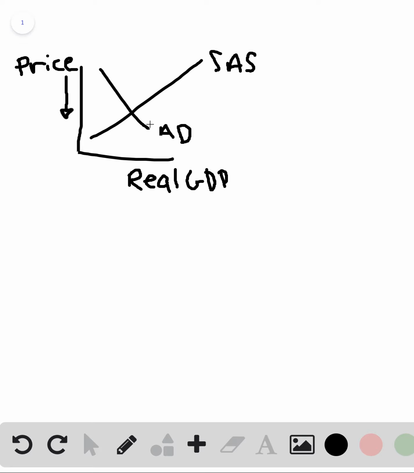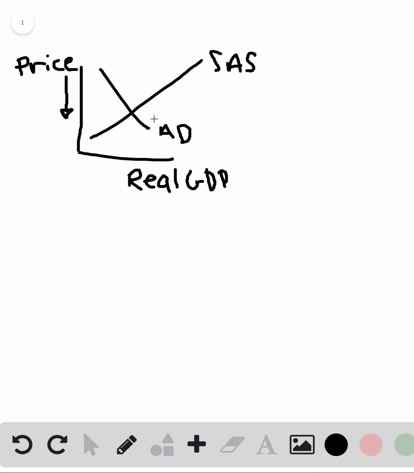So a decrease in price level means that prices are going down everywhere. There is no opportunity to substitute. So we can't use this substitution effect that we used for the individual demand curve.